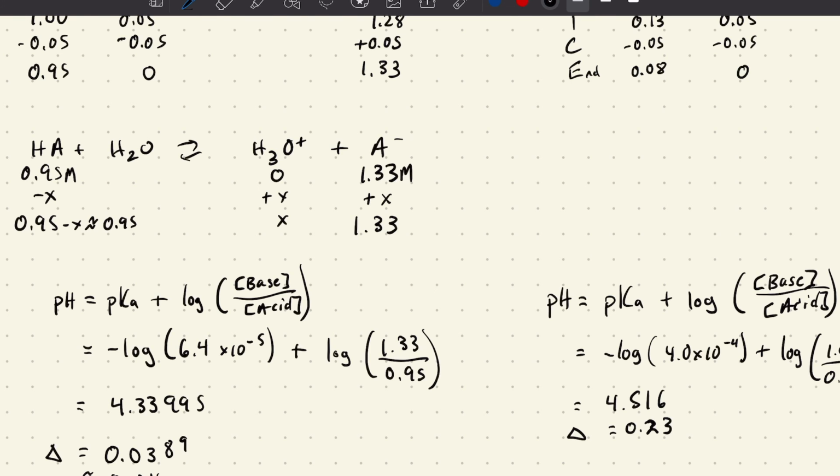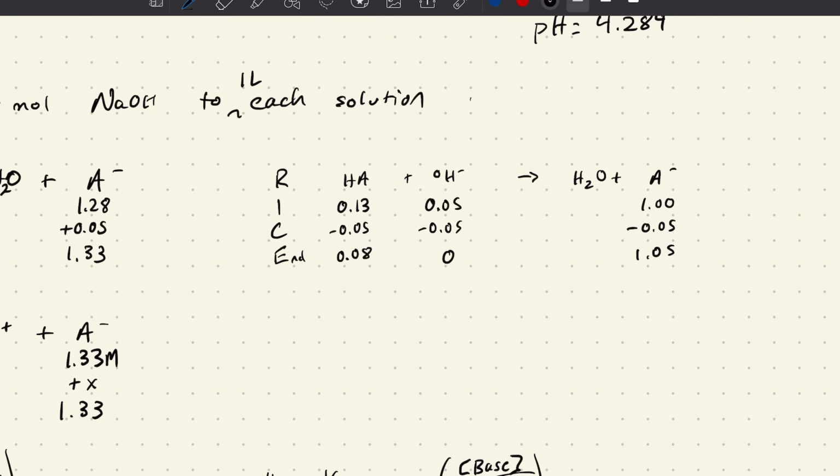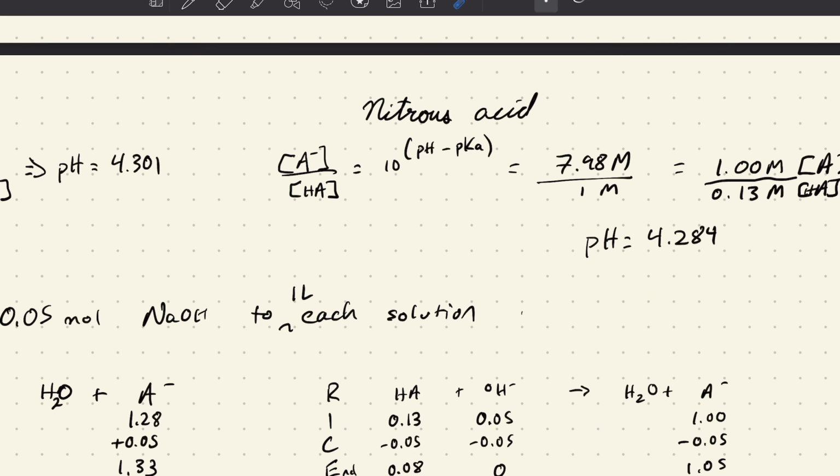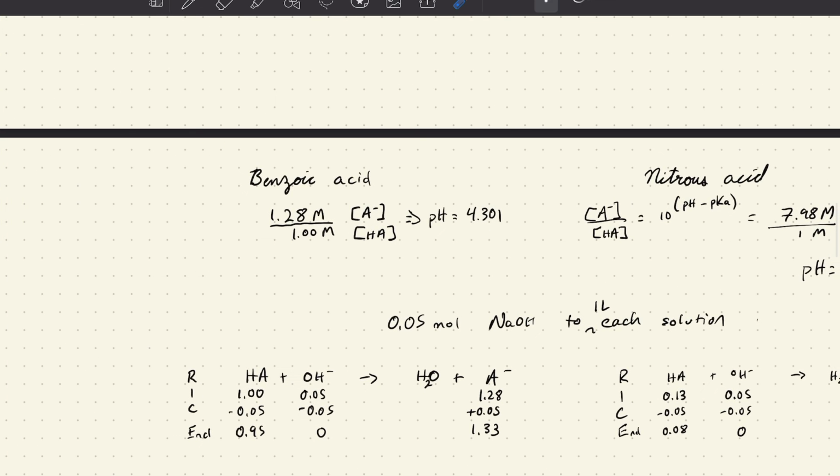The reason that this is not as good a buffer solution is because our pKa, our Ka value, is not close to the pH, which means we end up having a very small concentration of our HA. So even though it's changing by the same amount in both cases, the concentration of the weak acid is going down by 0.05 moles.